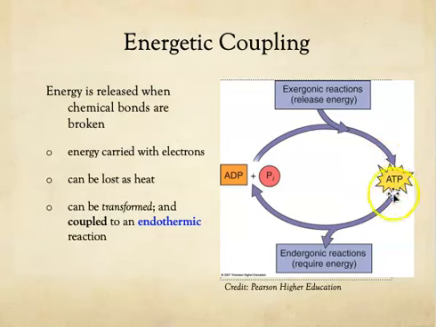Now that ATP will sit in the cell until endergonic reactions need to occur and need a source of energy. Now the cell can break that phosphate bond in the ATP molecules, take off that phosphate from ATP and create ADP, and release the energy that comes from those electrons and fuel or supply these reactions.